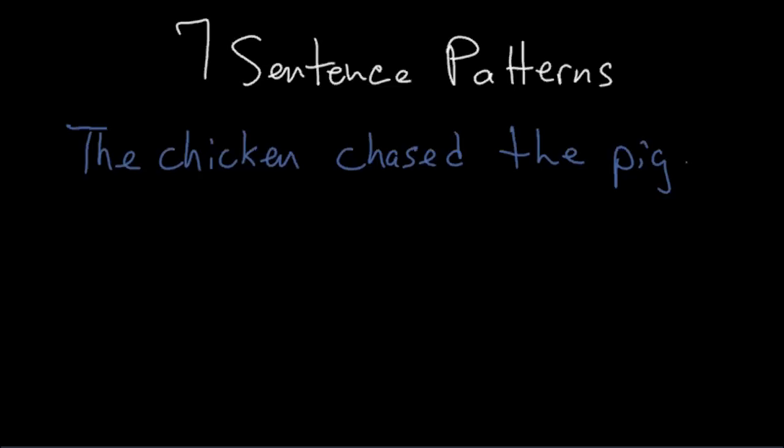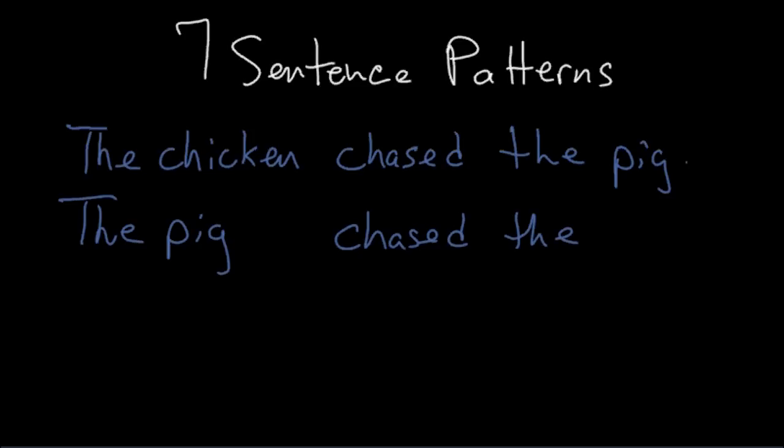If we switched it around and we said, "The pig chased the chicken," we would have a sentence that has a completely different meaning and understanding. How we place the words in the sentence gives those words meaning.